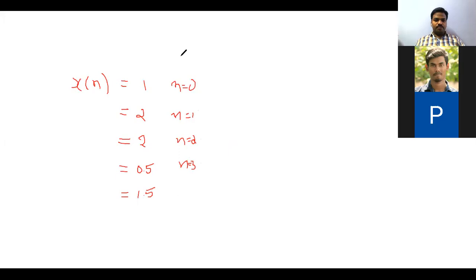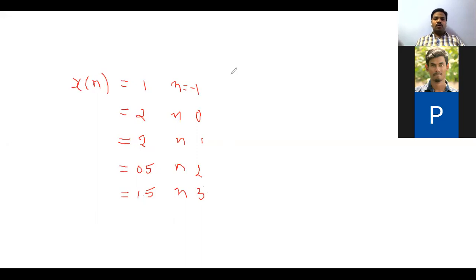So n is equal to -1, 0, 1, 2, 3. This is the functional representation we have just seen.